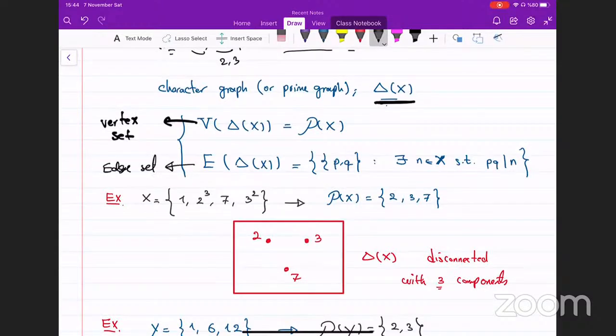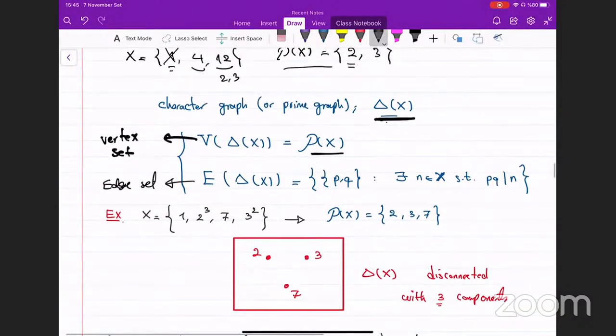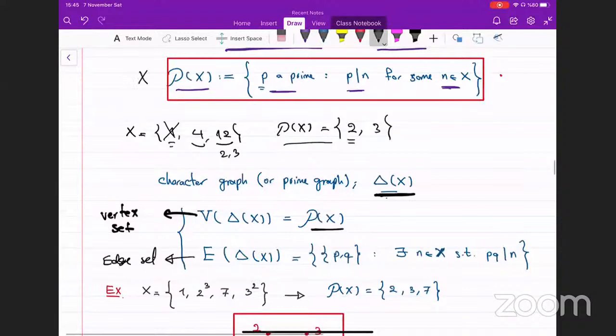So the vertex set of delta X is exactly rho of X, the set of primes that we defined here. And the edge set is the set of P and Q such that there exists one element N of X such that the product PQ divides N.